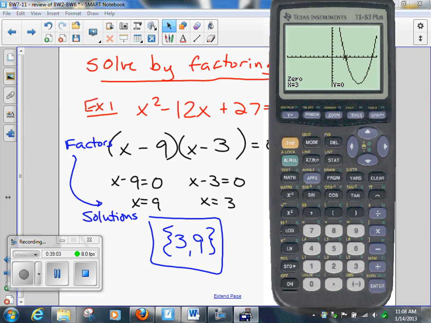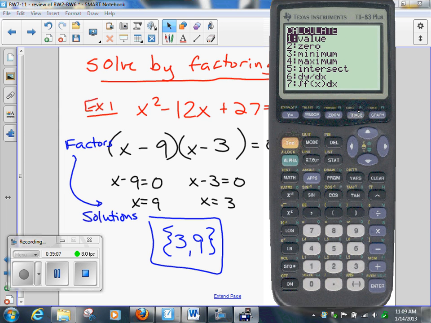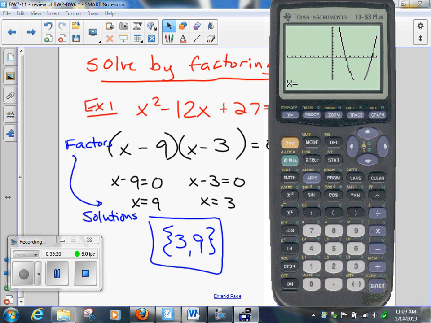Oh, what's the other way? You were the one that always said it, weren't you? What do we think the zeros are? When we eyeballed our parabola, we think they're 3. Watch this. My x value is 3. My y value better be what? 0. I think the other x value is 9.